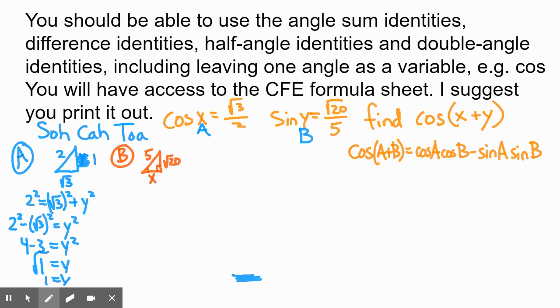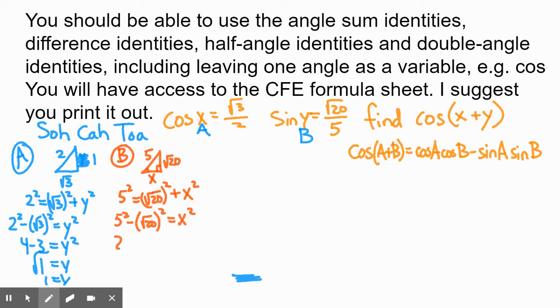So here we go. We know that 5 squared, that's the C, the hypotenuse, equals square root of 20 squared plus x squared, right? So now we're going to go 5 squared minus square root of 20 squared equals x squared.